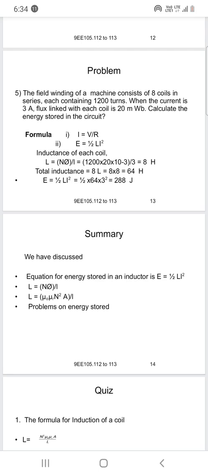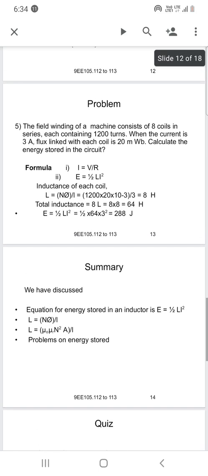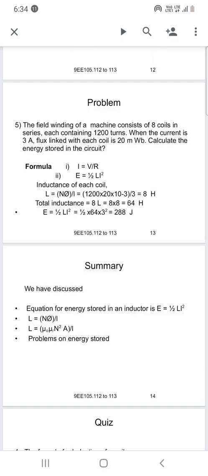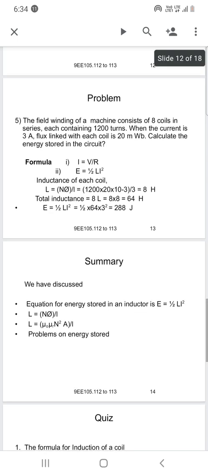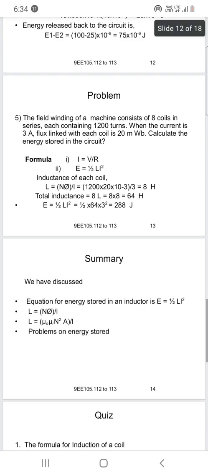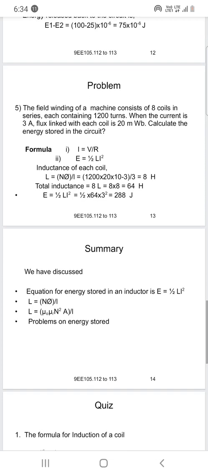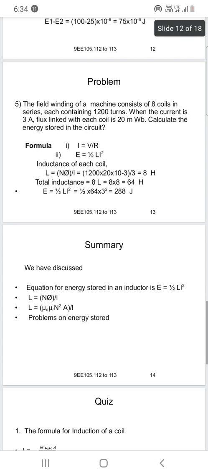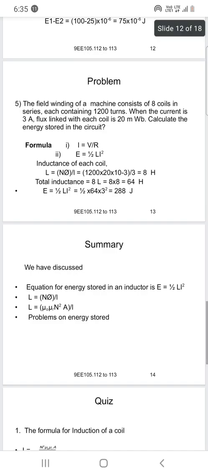So N is equal to 1200 turns, and there are 8 coils. Then, when the current is 3 amperes, the flux linked with each coil is 20 milliweber. Calculate the energy stored in the circuit.